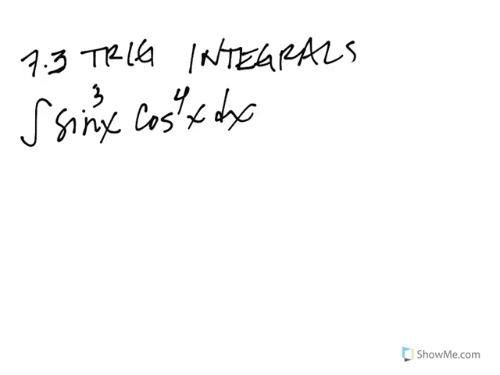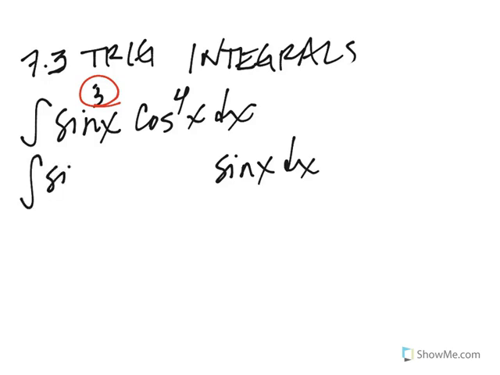If I focus on odd powers, like this 3 right here, I can split 1 off to serve as my dx. That's going to leave me the sine squared of x times the cosine to the fourth of x. Now, if this portion is my du, that means my u needs to be the cosine. The problem is I've got 2 extra sines.